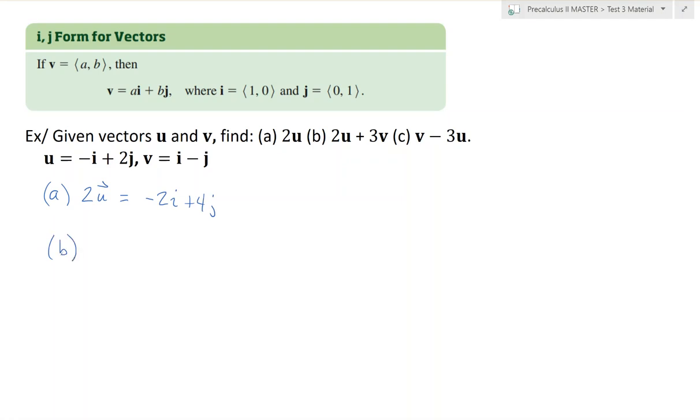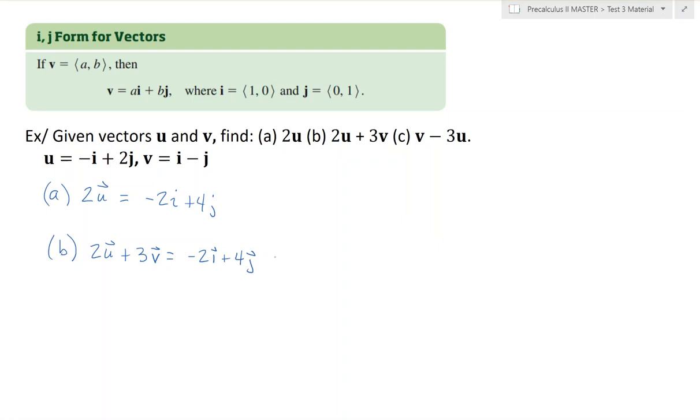Part b, I have 2 times the vector u plus 3 times the vector v. Here I have 2 times the u vector, which will be negative 2i plus 4j.